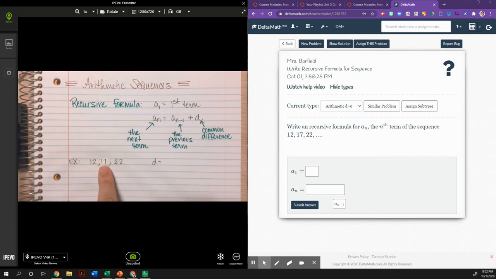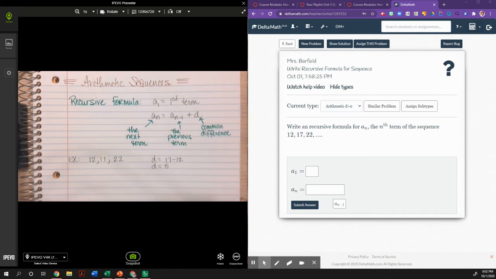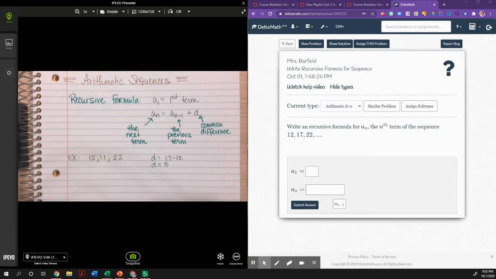Remember, you can take the second term, subtract the first term. So 17 minus 12, so d equals 5. Now we've got the common difference, and we've got the first term, because the first term is just 12.